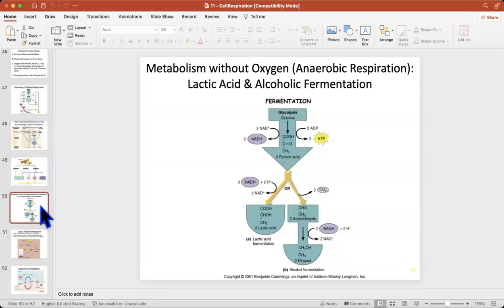And in the last 3 slides, let's talk about metabolism without oxygen, anaerobic respiration. One is in bacteria and yeast. They are able to turn glucose into ATP without oxygen. And this whole process, don't worry about the intermediate steps.